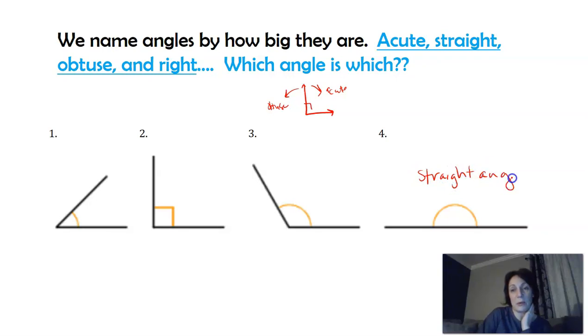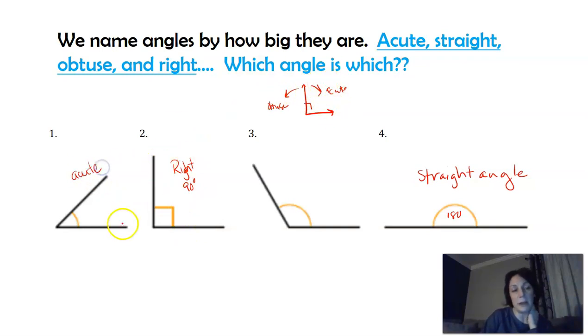A straight angle looks pretty much like a straight line, and we know that a straight angle is 180 degrees. Okay, so a right angle we also know is 90. That's going to be really important to us in triangles. Okay, so if, like we said, it's smaller than 90, it's acute.